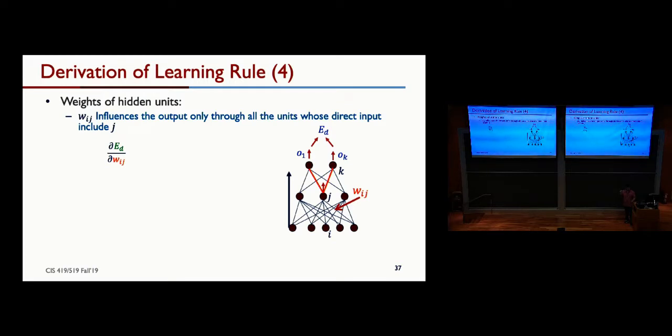That is a little more involved because this wij affects the value that you produce at this jth node in the figure, and then that affects all the output values, from 1 through k. So basically, if you change wij in any of the intermediate nodes, you're now affecting all values. So you have to take all of them into account when you're computing the gradient. Is that clear? Does anybody have a question?